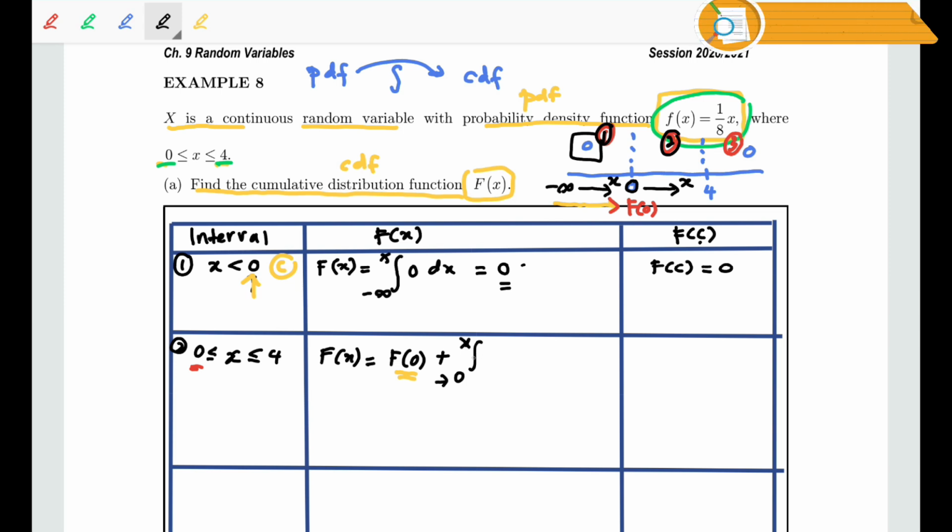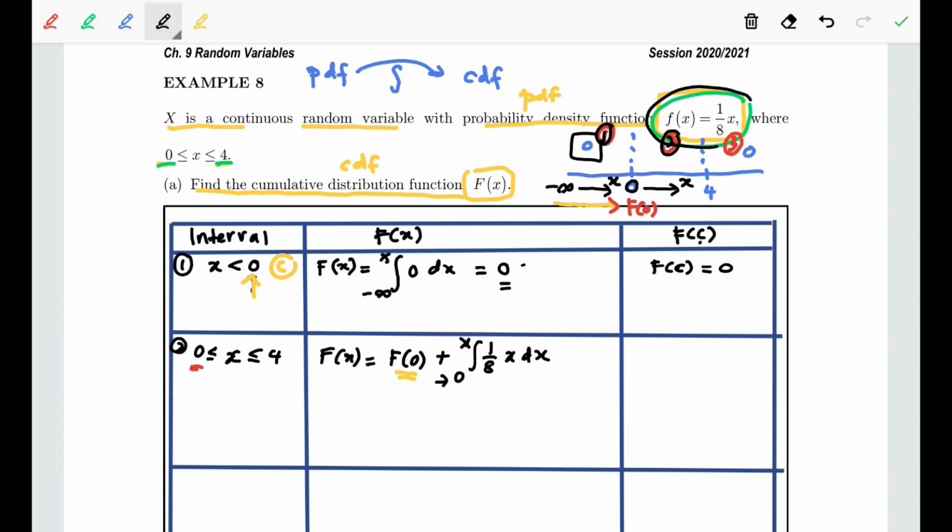So we're going to substitute what f(x) should be here. Since this is a non-zero area, where the function f(x) is located, we are going to integrate 1 over 8 x dx. So what's the value of f of 0? Alright, I made a mistake here.